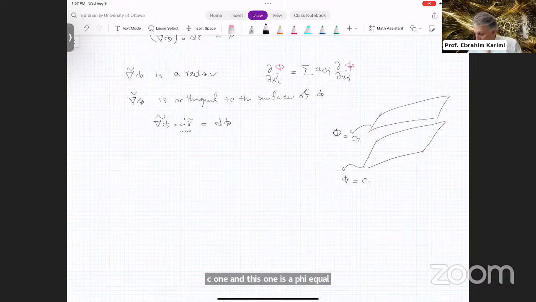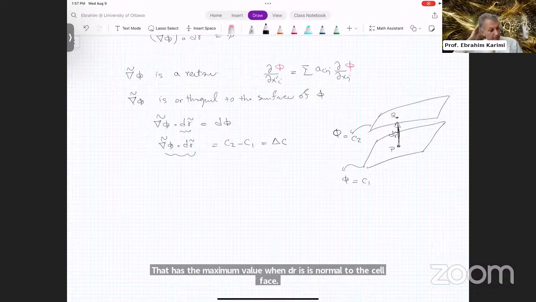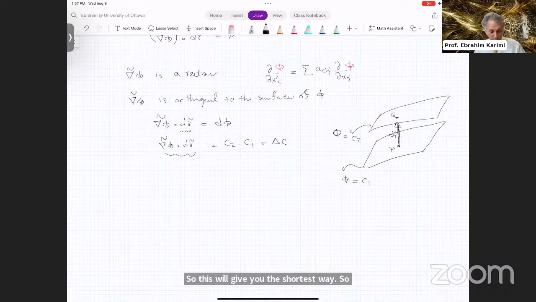And dr is now, that's a point P, and that's a point Q, and that's a dr, an infinitely small displacement that I have here. So that will be C2 minus C1, equal to delta C. Then we see that gradient of phi dot dr has the maximum value when dr is normal to the surface. So this will give you the shortest way. Remember that that is extremely useful.